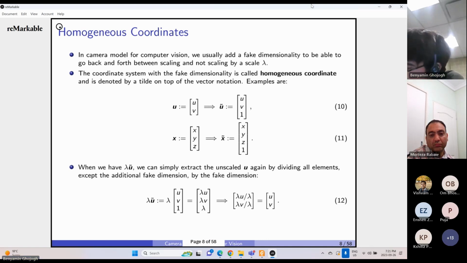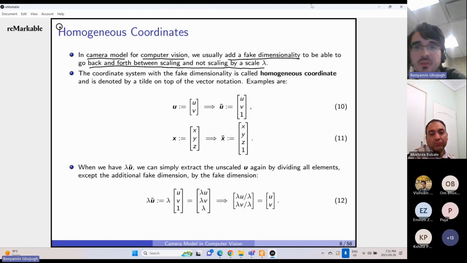Now, in camera models for computer vision, we usually add a fake dimensionality to be able to go back and forth between scaling and not scaling by a scale lambda. That's a technique in computer vision that is used a lot.